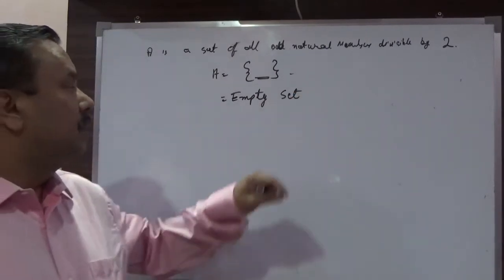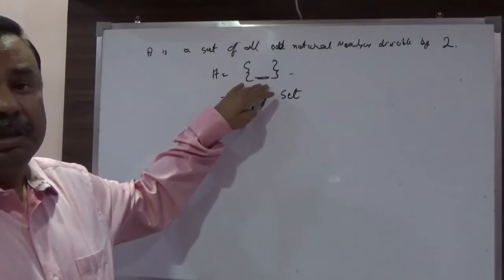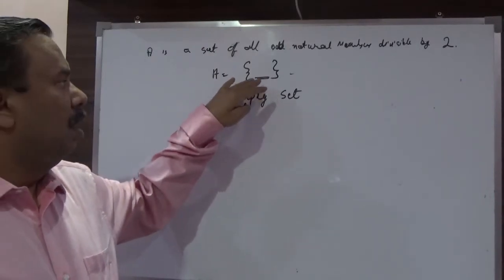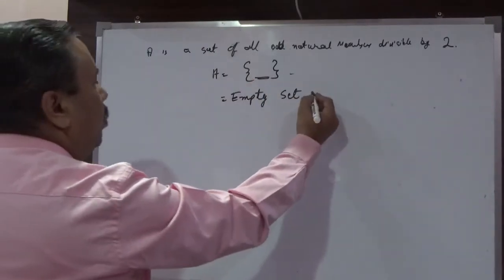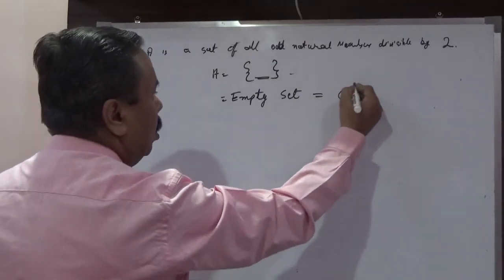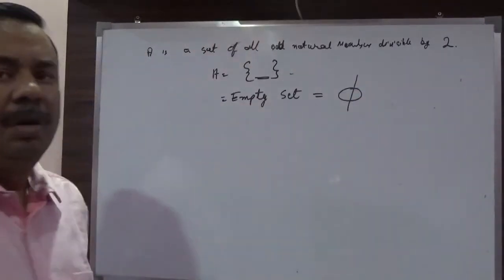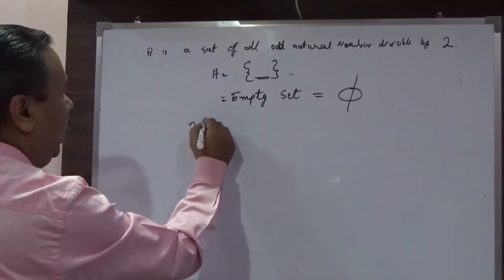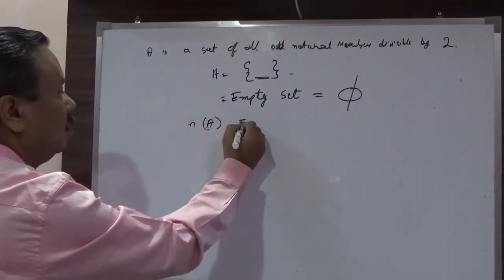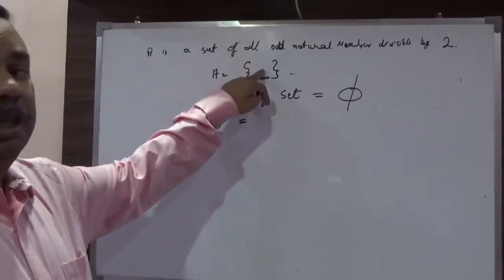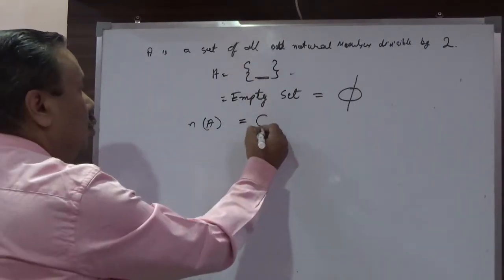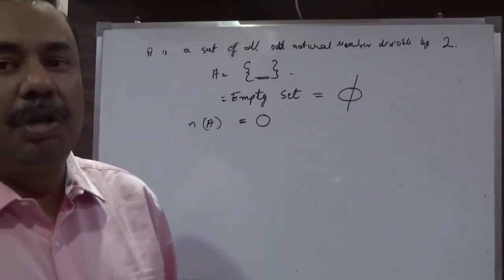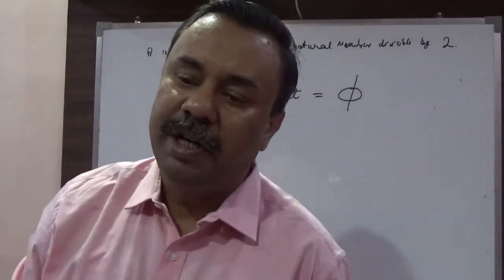Okay, it is called an empty set, or it will be represented as the Greek letter phi. So what will n(A) be equal to in this case? Because there is no element there, n(A) will be equal to 0. So I can say if n(A) is equal to 0, then it is phi, or a null set.